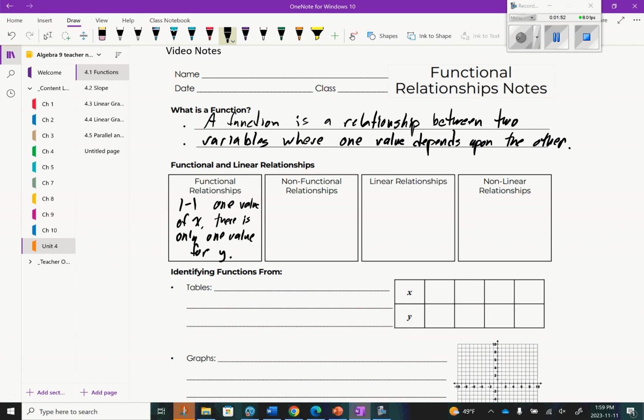A non-functional relationship, for one value of x, there may be several values for y.